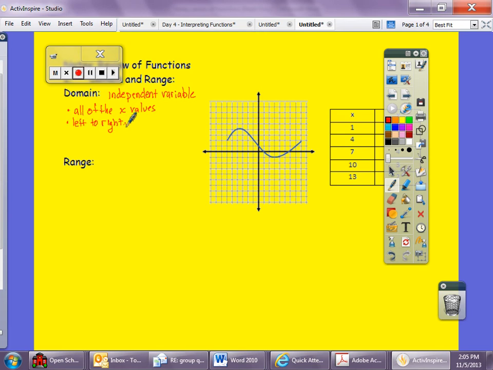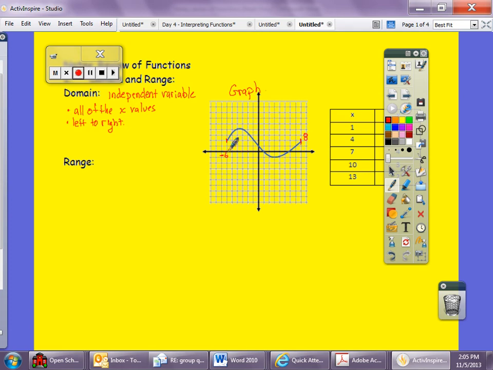So when we look at the domain of our graph, it goes from left to right. The left value is -6. It travels along this graph, -5, -4, -3, -2, -1, 0, 1, 2, 3, 4, 5, 6, 7, 8, all the way up to 8.